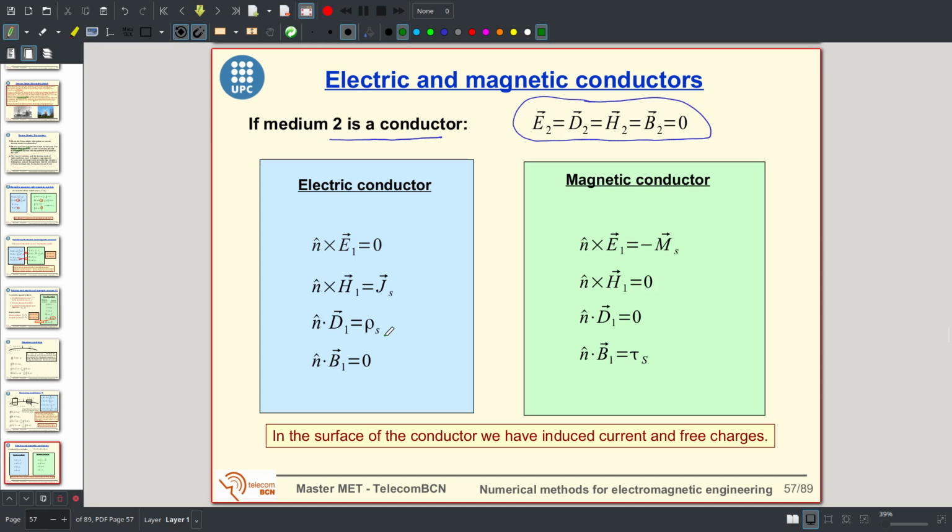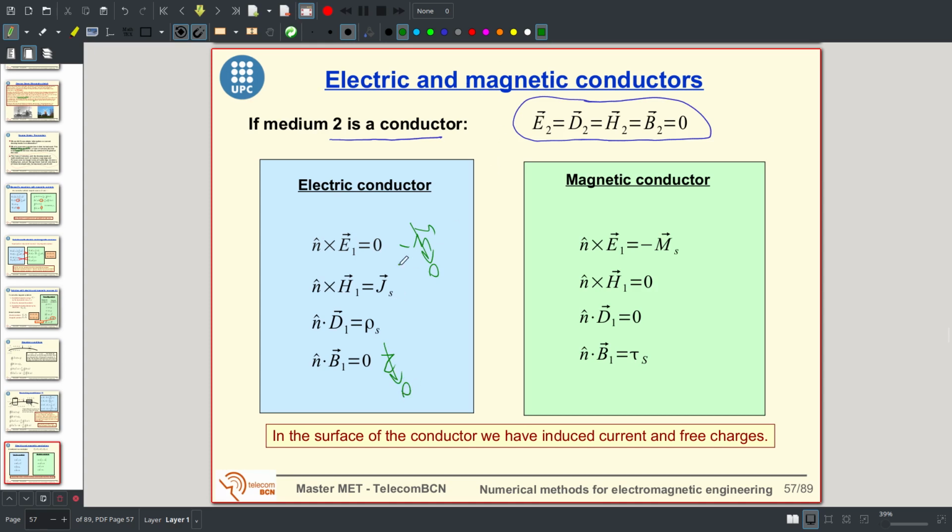But we have to take into account that in an electric conductor only electric currents and electric charges can exist. So in an electric conductor the magnetic current is equal to 0, and the magnetic charge is equal to 0.